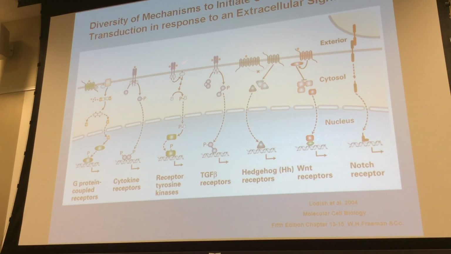For most of these, the ligand is going to be binding to the outside and will contribute to allowing dimerization. The only exception to that is the insulin receptor, which is already dimerized, and those dimers are held together by disulfide bonds.